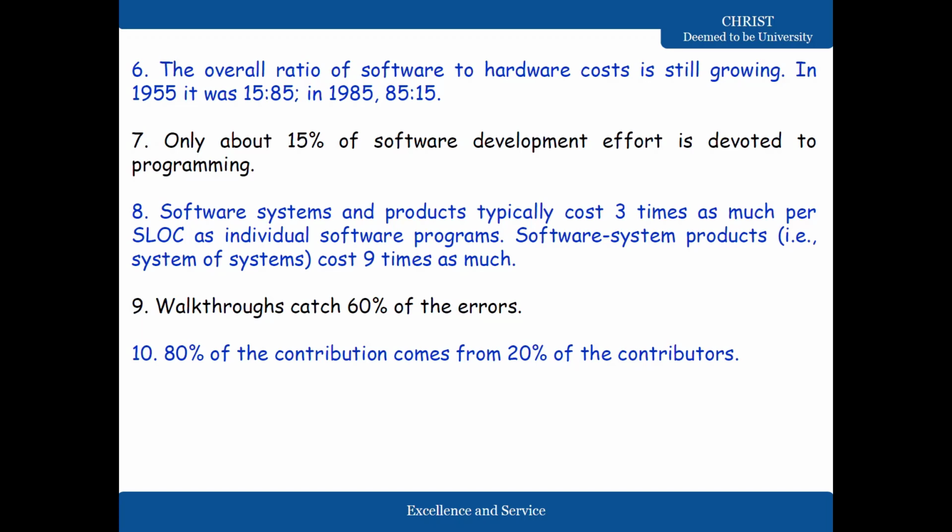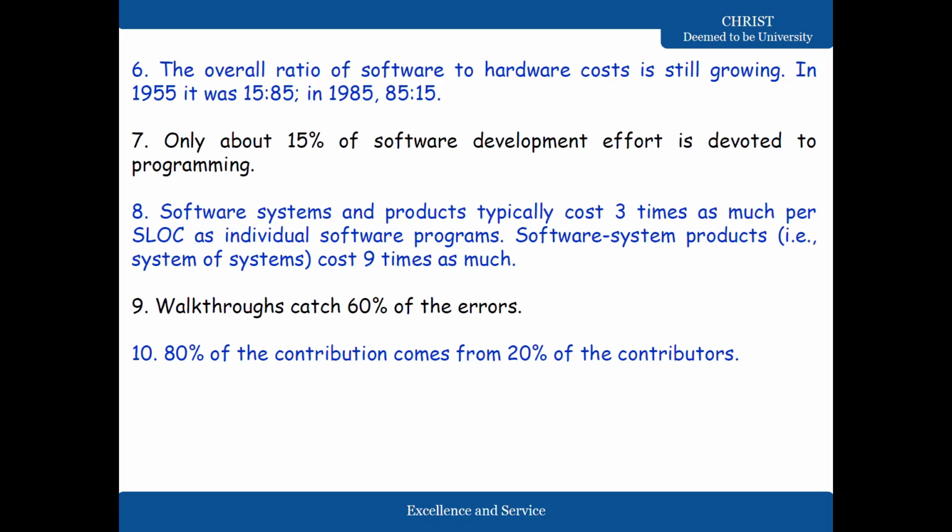In 1955, it was 15:85. In 1985, it is 85:15. The seventh point is only about 15% of software development effort is devoted to programming. The eighth one is software systems and products typically cost 3 times as much per SLOC as individual software programs. Software system products, that is system of systems, cost 9 times as much.